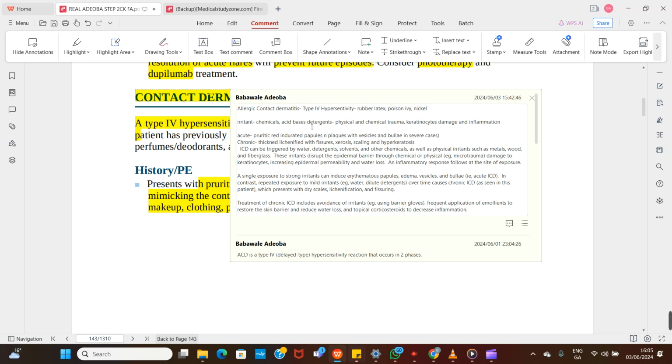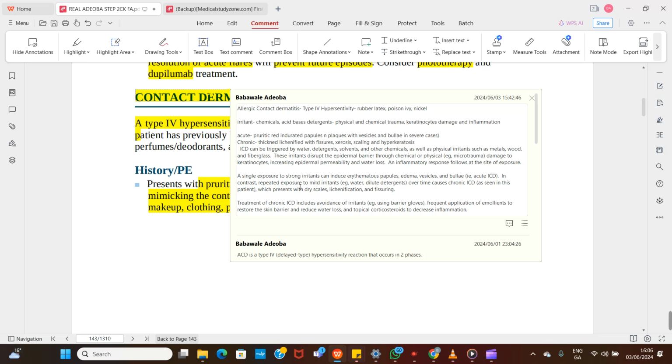Soap and detergent, alkali and acid, or acid and bases. Those are the common chemicals. Then for the physical ones, it could be due to exposure to some compounds like metals, glass fibers, dust, wood, all those things.